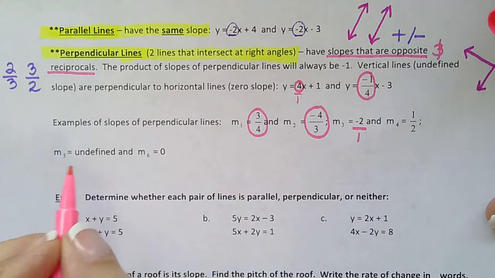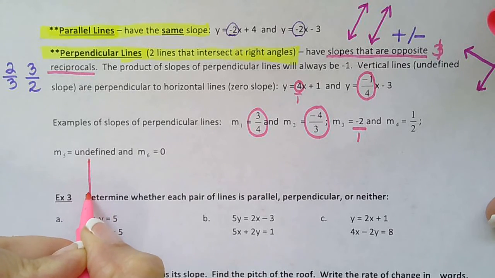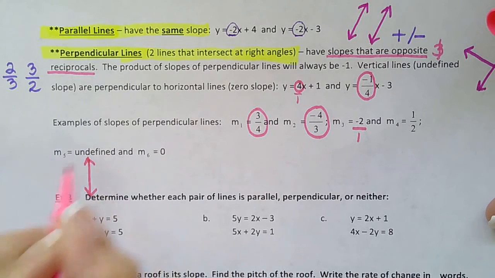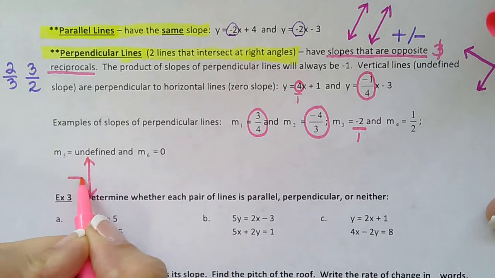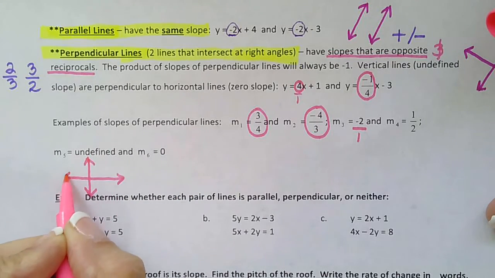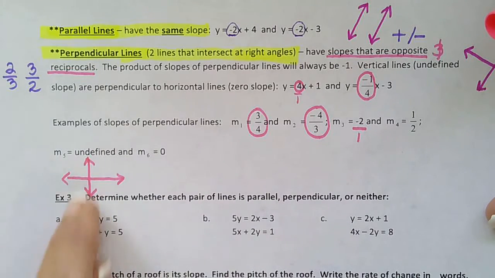But we just learned on the other side, think of the ski tricks. No skiing: undefined is a vertical line. 0 fun: that's a horizontal line. So what that's saying is every horizontal line is perpendicular to every vertical line. That makes sense, right? It's just like the coordinate plane, the x and y axis.